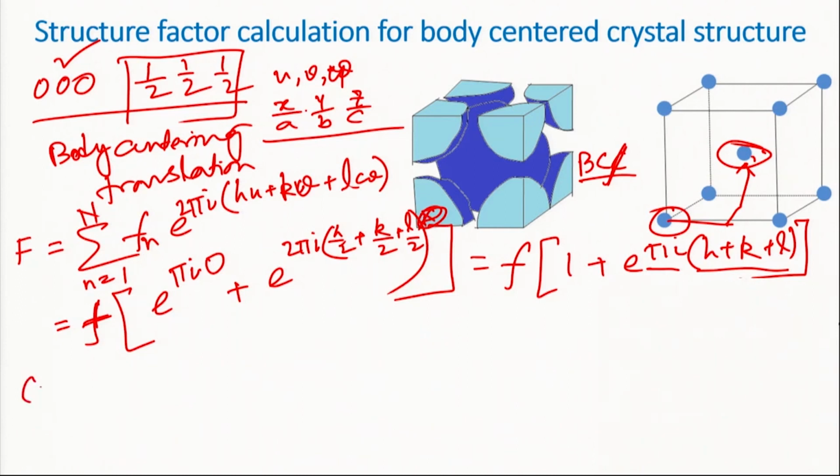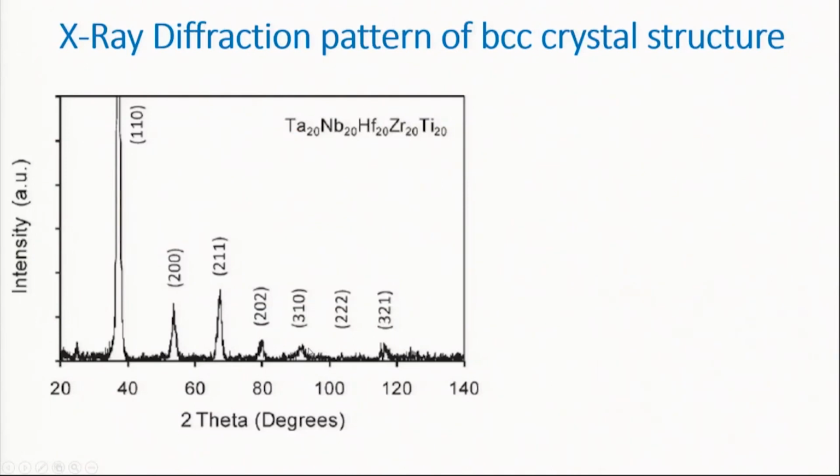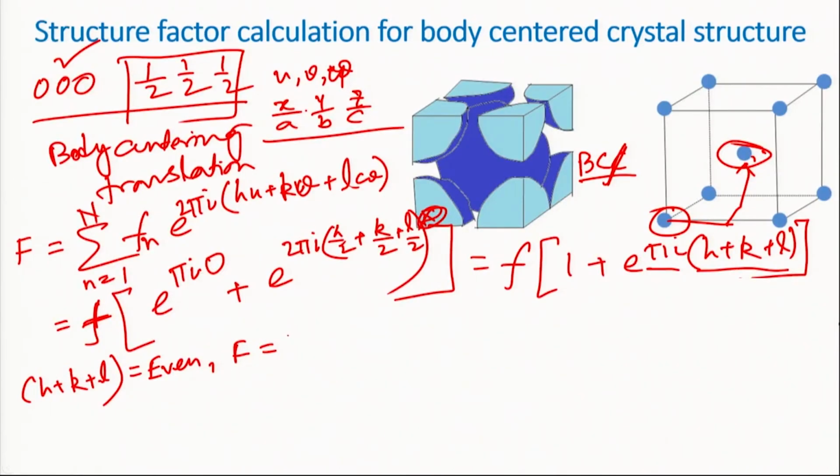So we put that, now that becomes h plus k plus l. This has to be even, and if this is even, then F will be only f. Here we are getting 1 plus this entire thing will come out to be another 1.